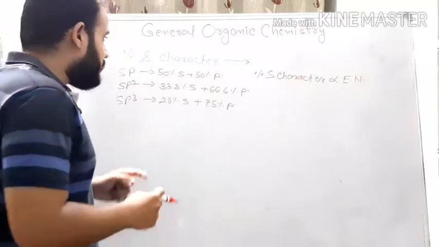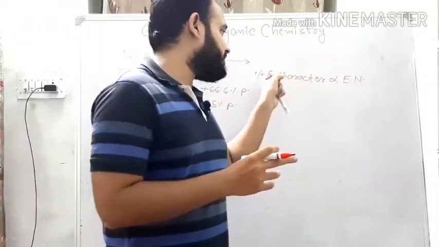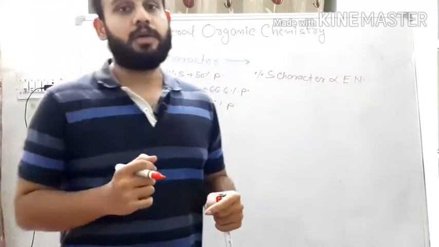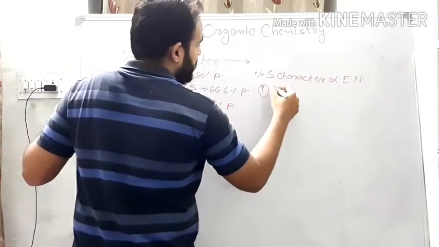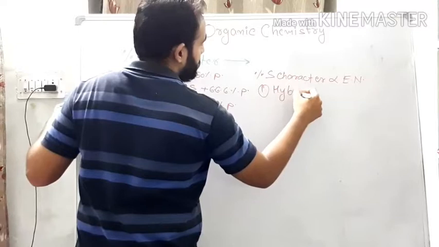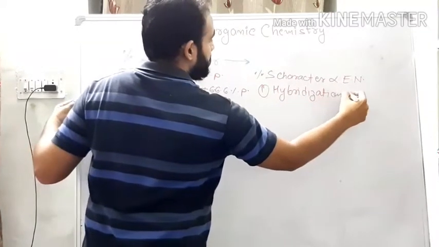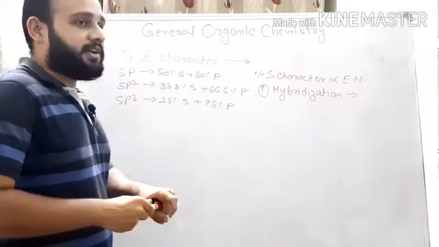Okay, now we can classify this relation, that percentage s character is directly proportional to electronegativity, into 3 classes. The first class is hybridization. How can you relate hybridization with electronegativity?